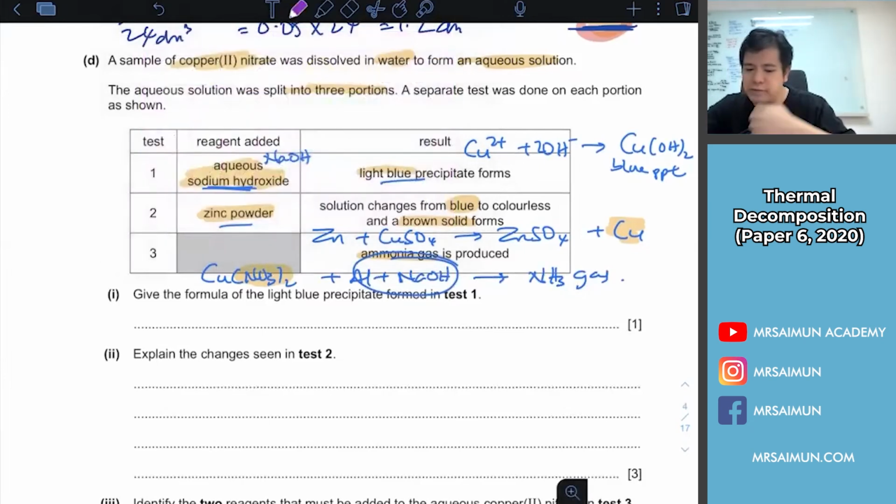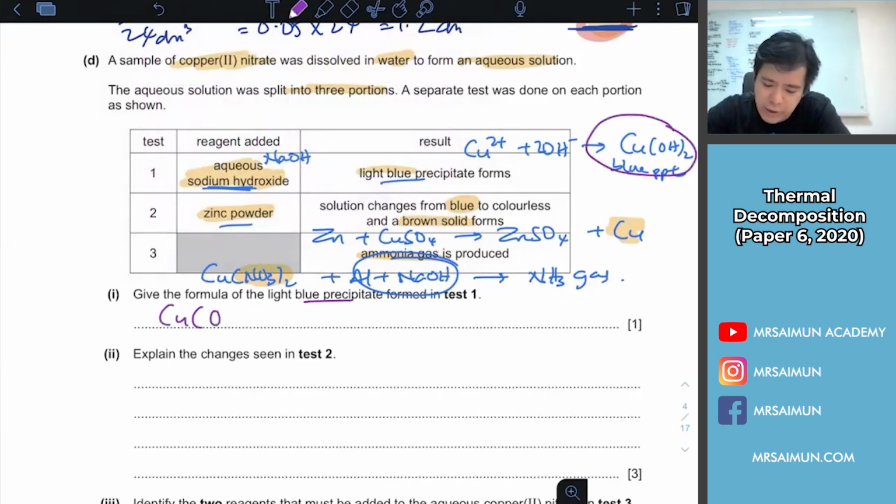Give the formula of the blue precipitate. Yeah, this is the formula: copper hydroxide. Explain the changes seen in test 2. Just explain this. So 3 marks.